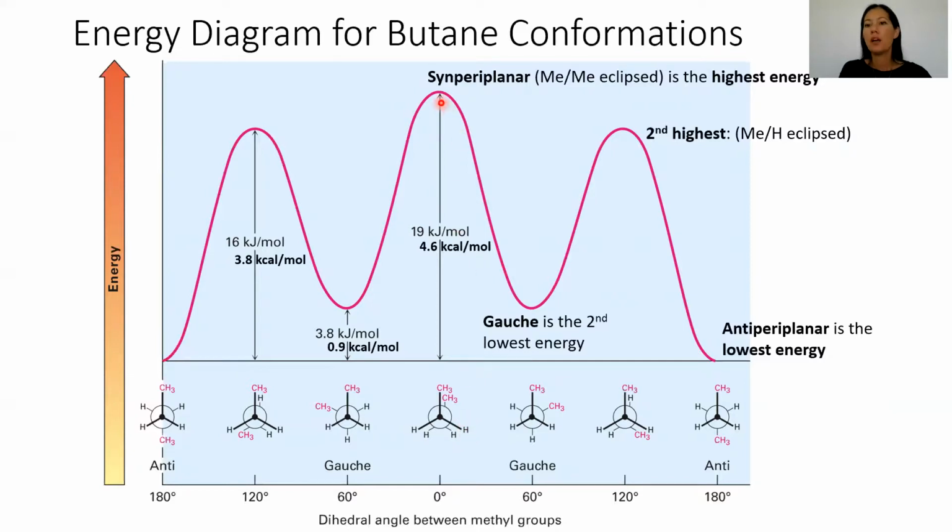This is the highest energy. Some people also call this syn-periplanar, 4.6 kcals. Keep going, you can relieve that somewhat back to the gauche. And then you go back, cycle through the eclipse interaction, and then anti-periplanar again.